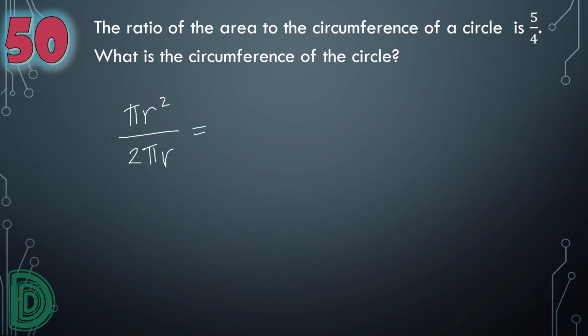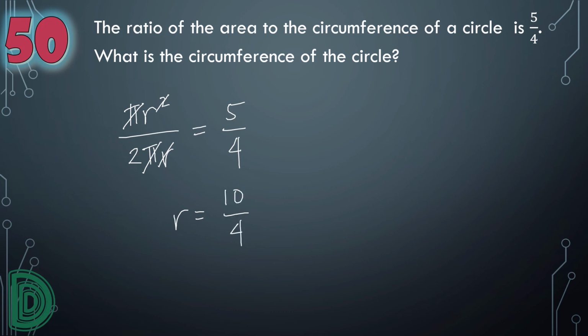If the ratio is equal to 5/4, then we can solve for the value of the radius, or r. Pi over pi is 1. R squared over r is r. So the radius is equal to 2 times 5, that is 10 over 4.